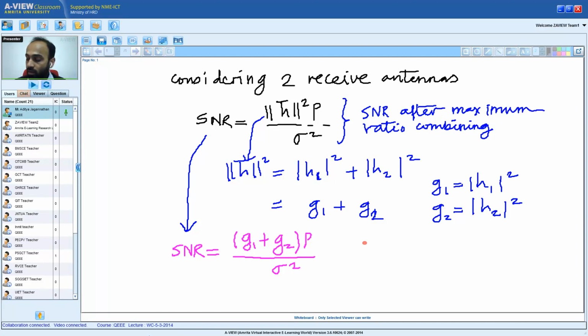Therefore the instantaneous bit error rate is Q of square root of SNR.